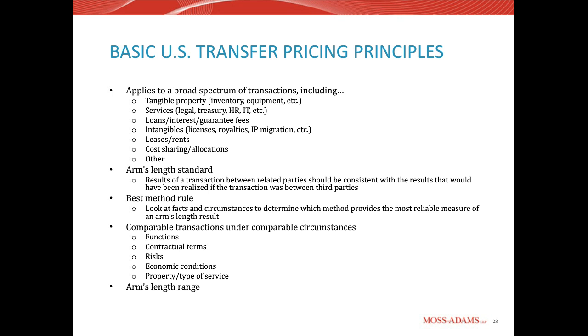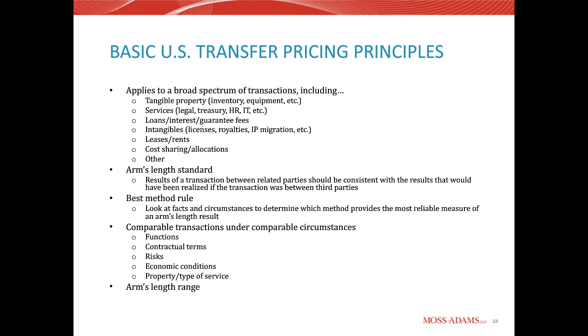Also, things to note is that we must follow the best method rule. The best method rule says that we have to choose a reliable measure to achieve an arm's length result. Some of the things that it states in Section 482 is that you must have comparable transactions under comparable circumstances. So if you're using a price that a third party is using, it has to be under the same market conditions.